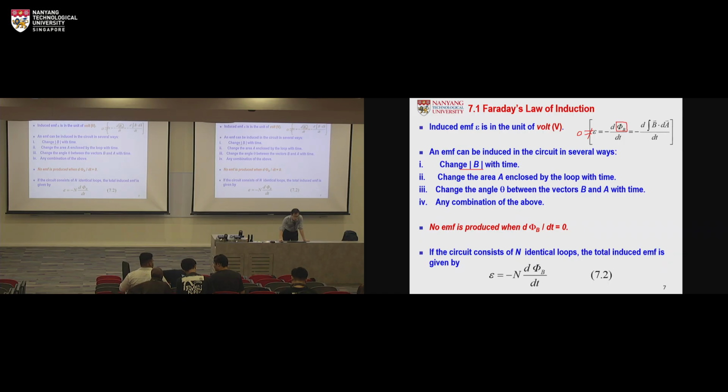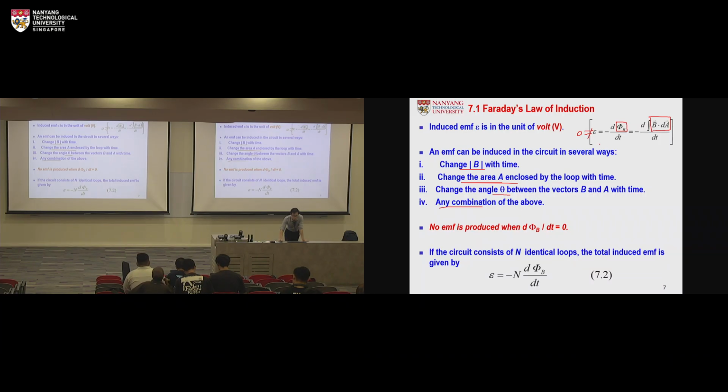You can have this B changing with time, or the surface area of the loop being non-constant, or the angle between these two vectors changing, or any combination of the above. It's quite straightforward. All you need is to make sure this dot product is not a constant. That is the only requirement. You will get a finite EMF, right?